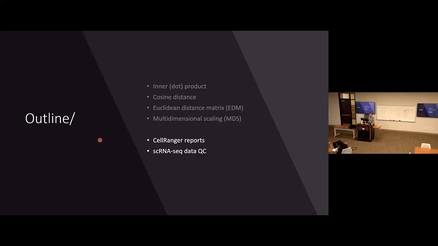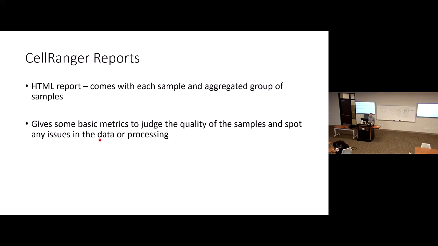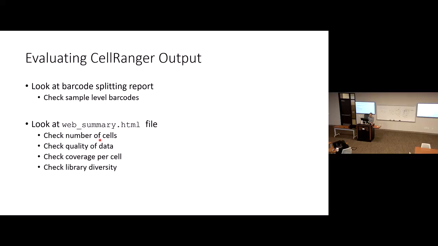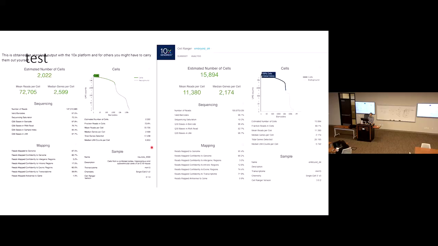Okay, so at the end, I will quickly go through this QC report. I will show you the bursting transcription. Cell Ranger will generate an HTML report, and in the web summary HTML file, it gives you the number of cells and the quality of data measurements, and also the coverage per cell, library diversity, et cetera.